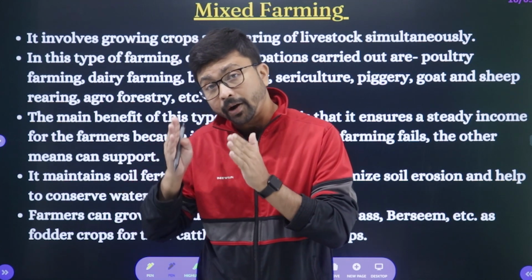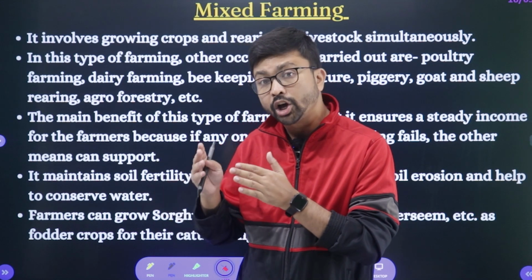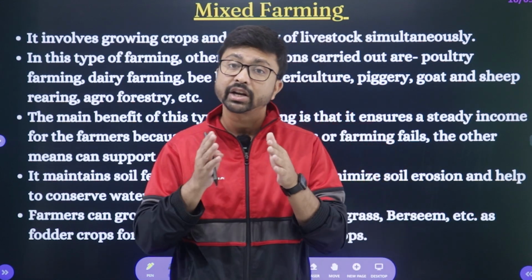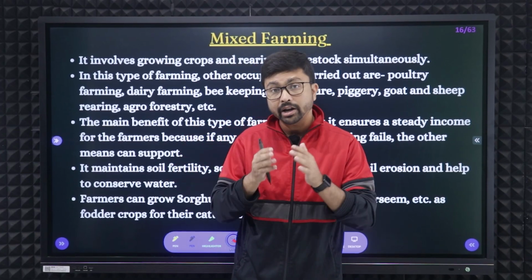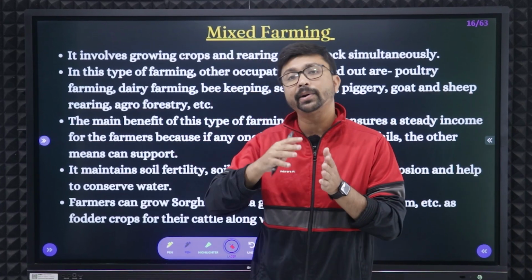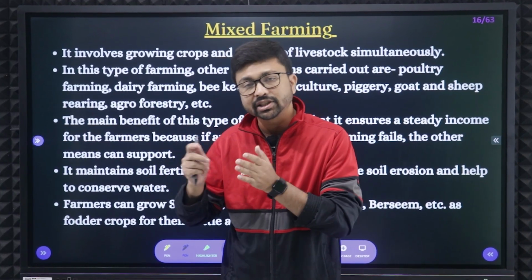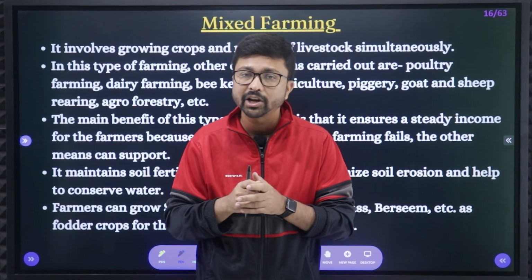And if the farmers get a loss for any reason from the agricultural production, they can recover the loss from the animal rearing. And if the animal rearing is affected, they can recover the money from the agricultural production. So in that way the farmers will never be in loss.